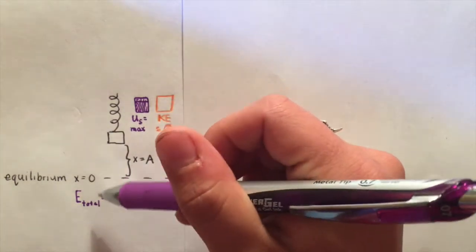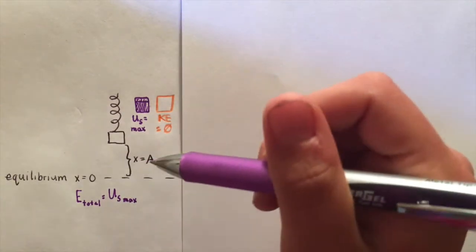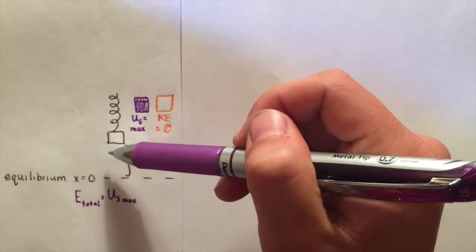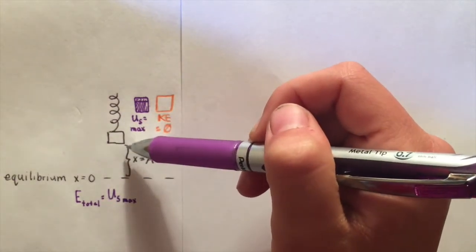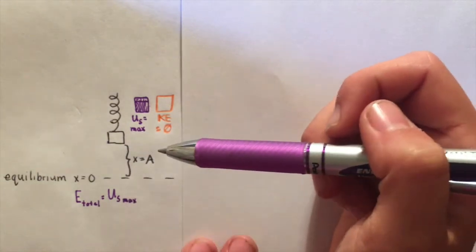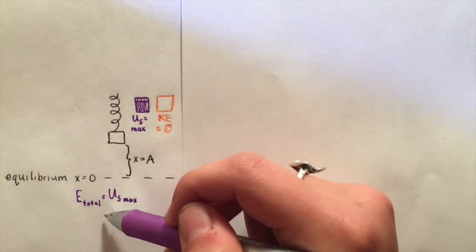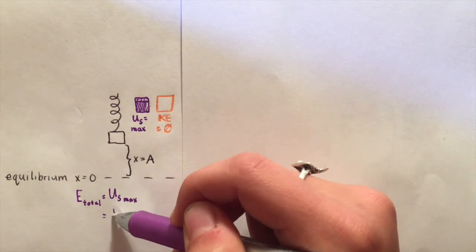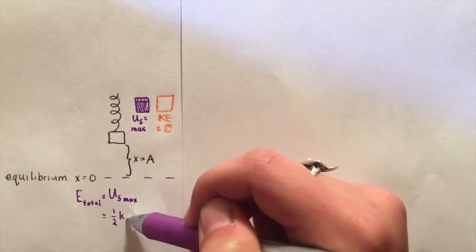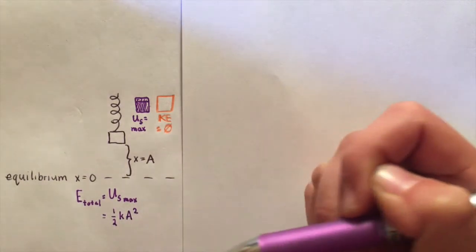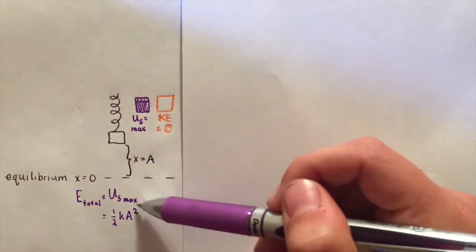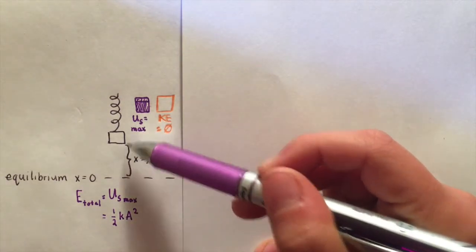The spring potential energy is at its maximum because the spring system is at its maximum displacement from equilibrium. So I can say that the maximum spring potential energy is 1/2 k a squared, right? Because the spring is a distance a, or the amplitude, away from equilibrium.